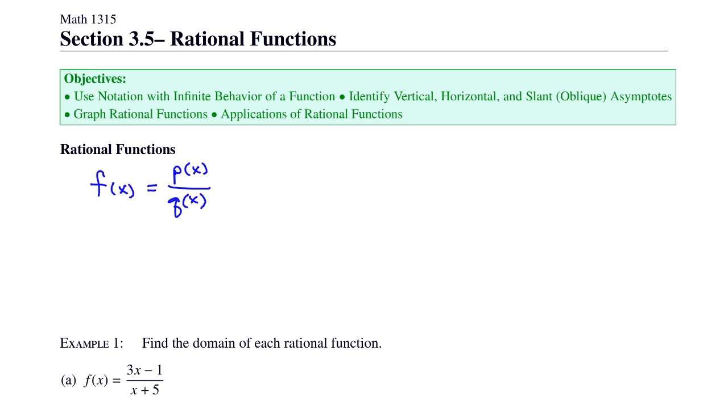So p is going to be the normal notation for the numerator, q is going to be the normal notation for the denominator, and for it to technically be a rational function, we need the p of x and the q of x to be polynomials. So basically, a rational function is a polynomial divided by another polynomial.